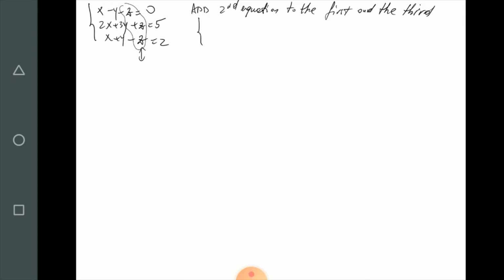So pay attention here. If we add the first two, I get 3x plus 2y equals 5, since minus y plus 3y is 2y. That's first plus second. And then second plus third gives me 3x plus 4y equals 7.